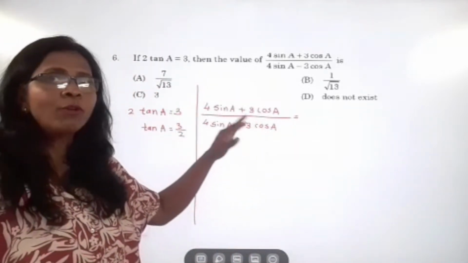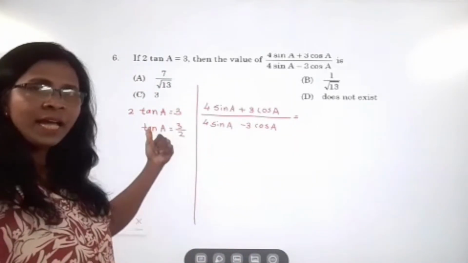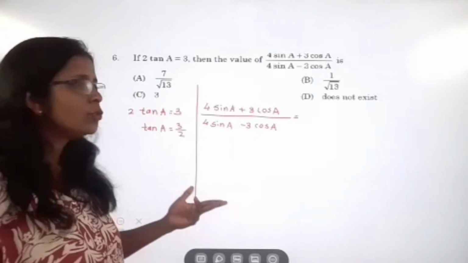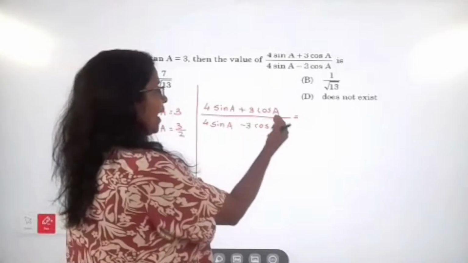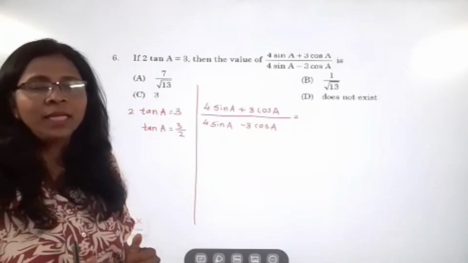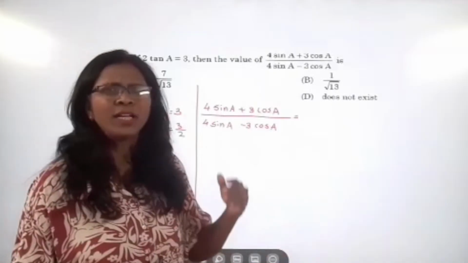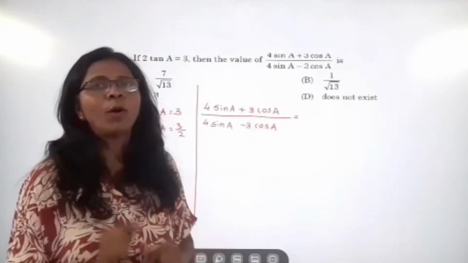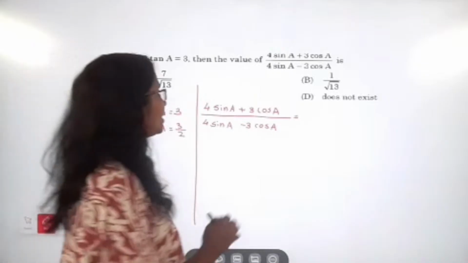So now here, how can we find out this value? With the help of this given, tan A. So now here students, I make this sin A as in the form of tan A. Or as your wish, you can make cos A as in the form of tan A.